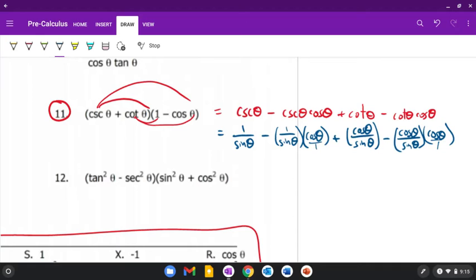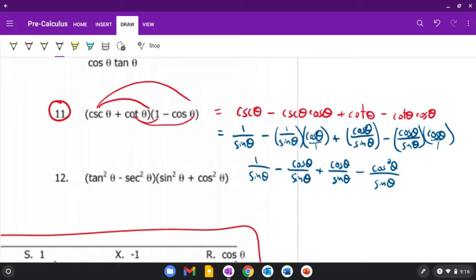So let's go ahead and write this as 1 over sine of theta minus, and I'm just going to multiply these two and write it as cosine of theta over sine theta, plus, for now we'll just leave this as cosine theta over sine theta. And when we do this last one, when we multiply on the top, we get cosine times cosine, that's going to be cosine squared theta over sine theta, just multiplying by 1.